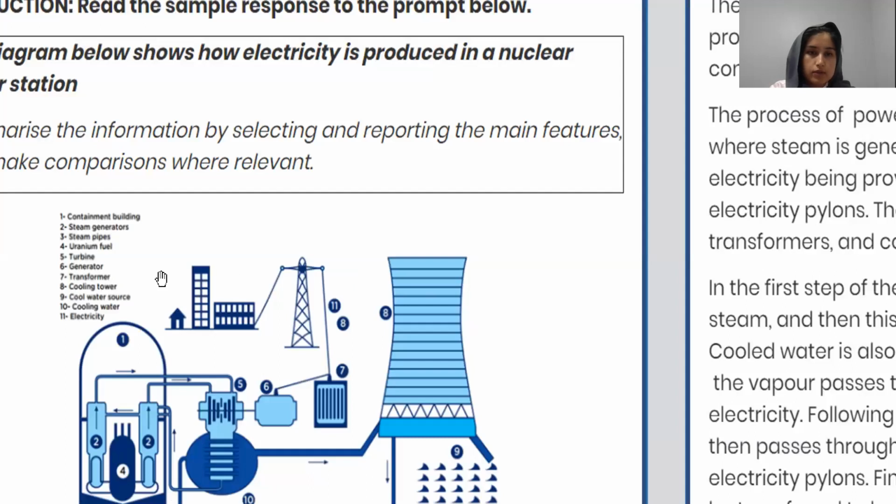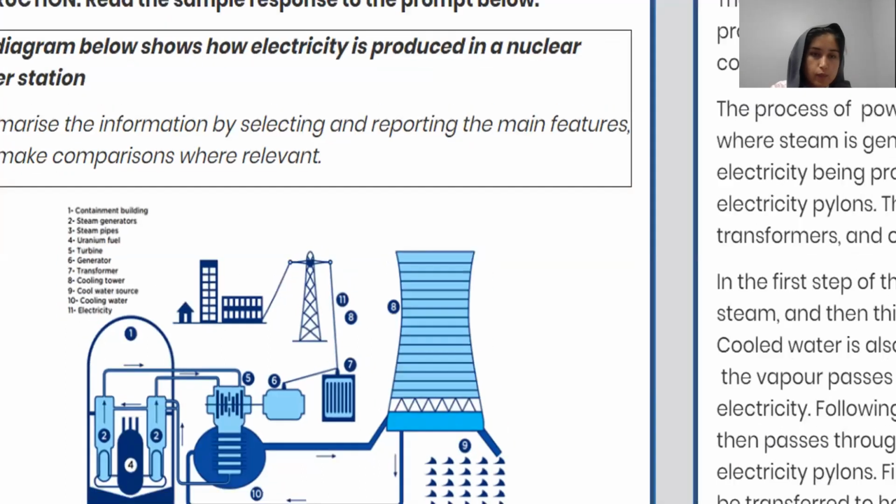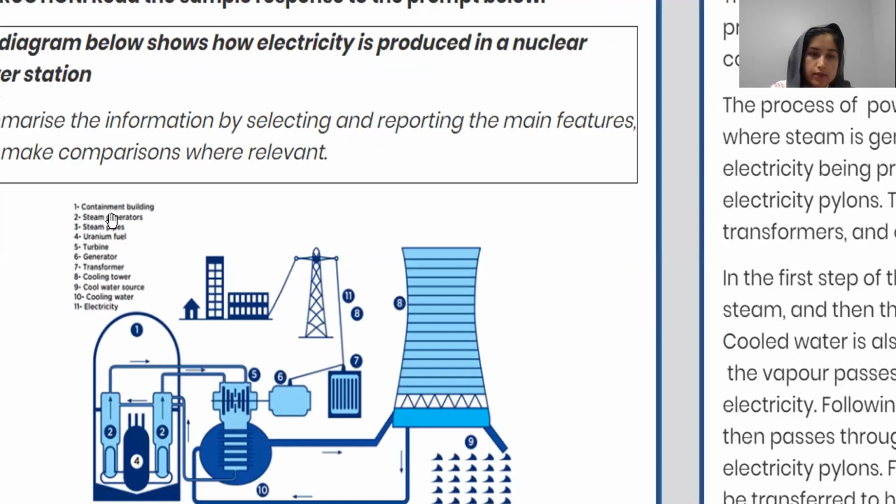So let's see what words are there. For example, the first one is the containment building. The second one is a steam generator. The third one is steam pipes. Okay, we don't have a third one here, so let's take this one as the steam pipe. These are the pipes that the steam goes through.